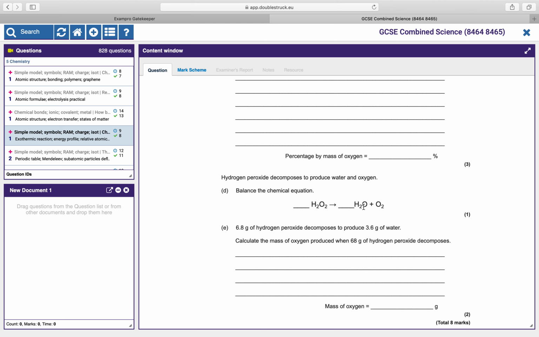So 18 is the relative molecular mass for 1 water molecule. But there's 36. Let's just pretend that's 2 water molecules there.